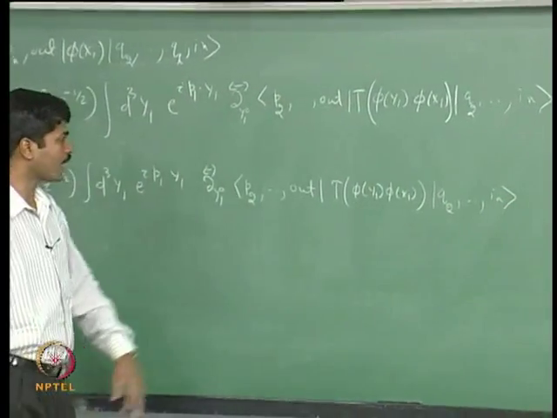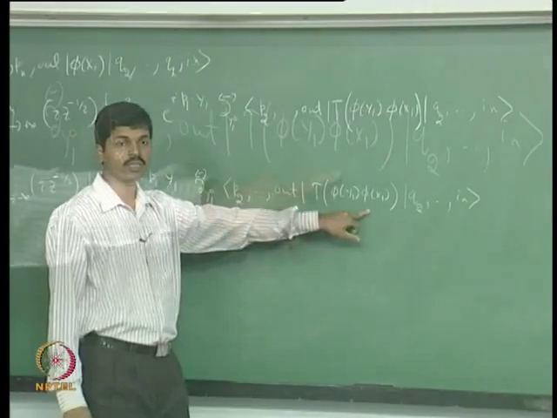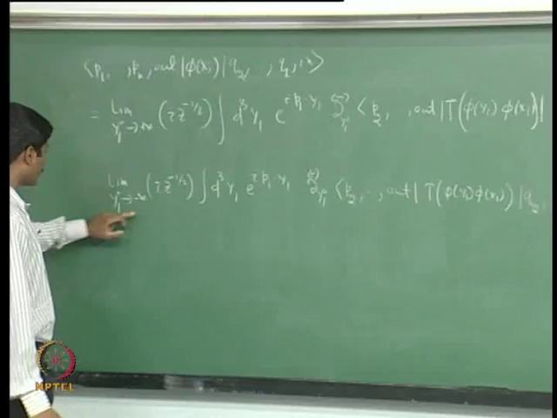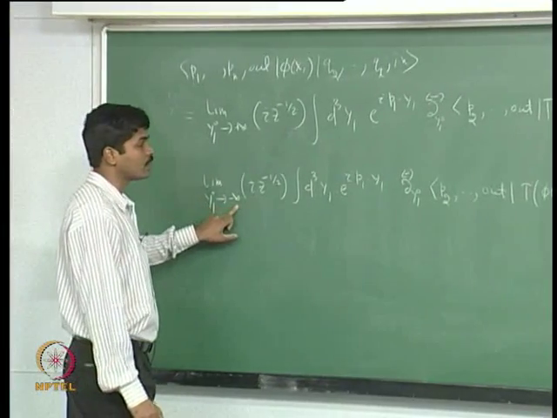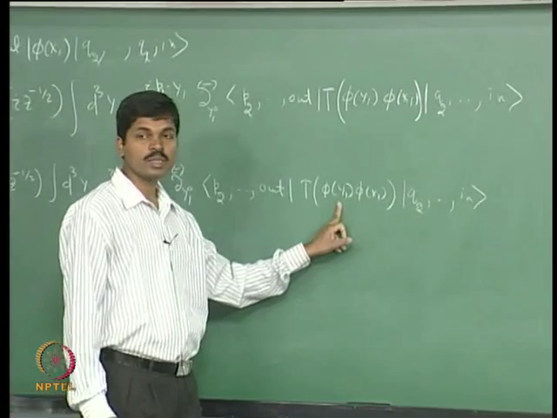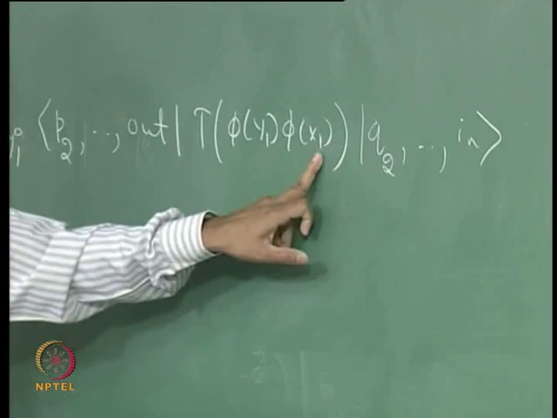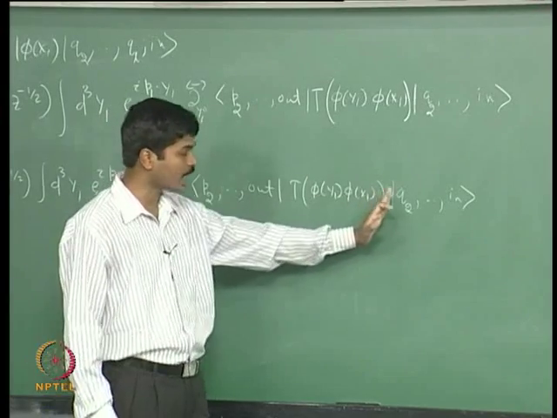Now, you see why I wanted to emphasize the time ordering, because when you consider the limit y1 tends to minus infinity, the time ordering will make sure that this phi of y1 operator goes to the right of phi of x1. So, it is on the right.